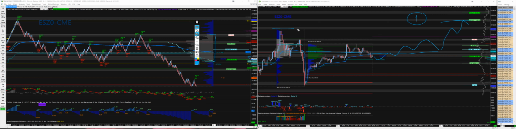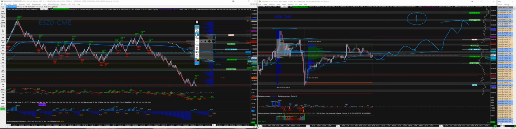So test areas are the 08, Friday high, 500, value area high, and then 96, the VPOC. There and there.